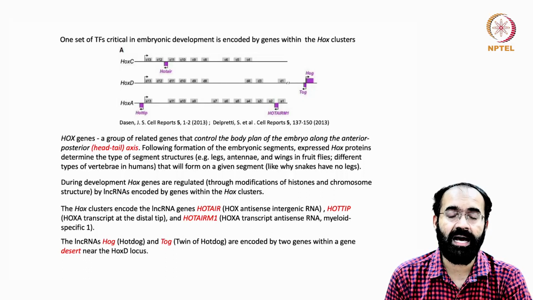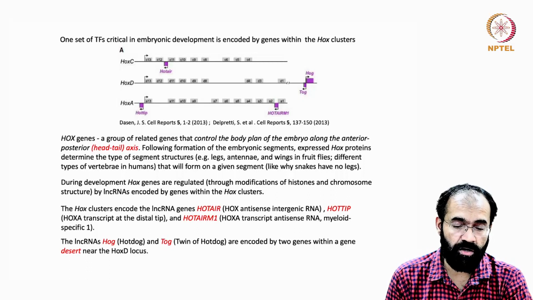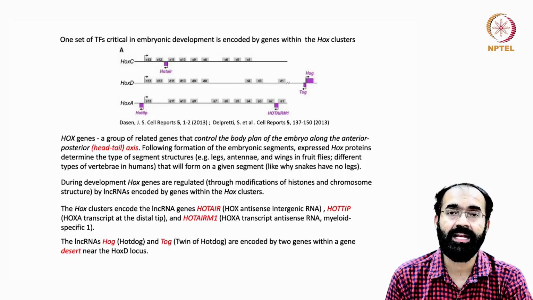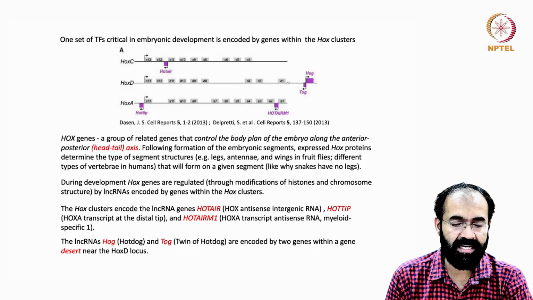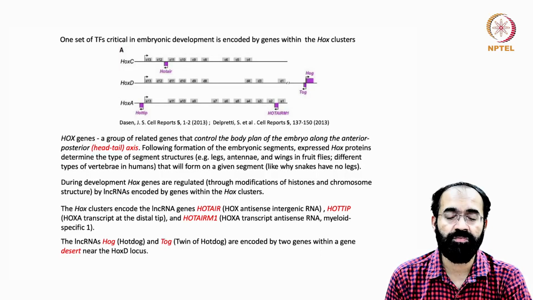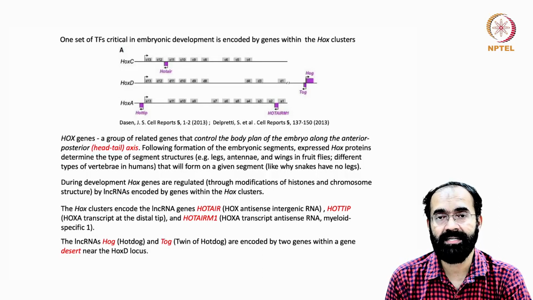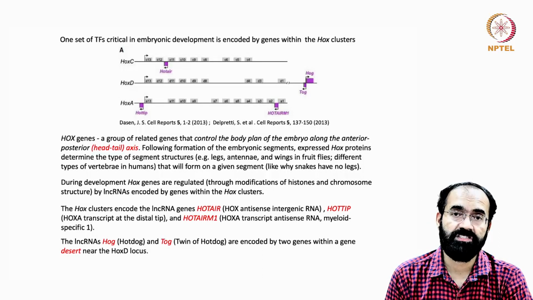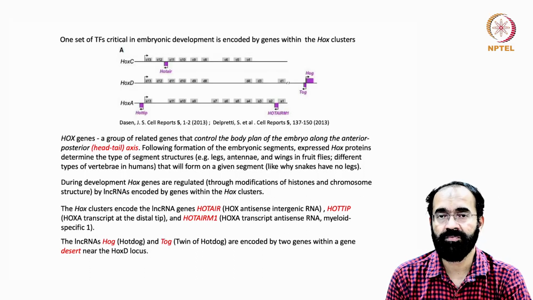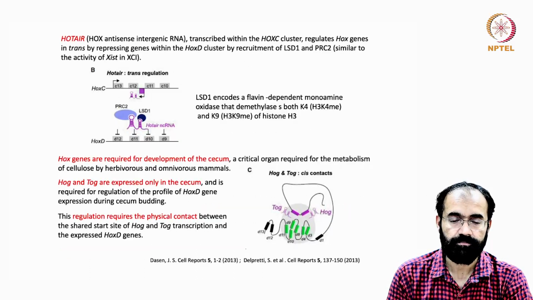So the lncRNA HOTDOG, and TWIST-like, twin of HOTDOG, are encoded by two genes within a gene desert near the HOXD locus. So there are a bunch of non-coding RNA that are located in the Hox gene clusters that will influence the expression pattern of these Hox genes.